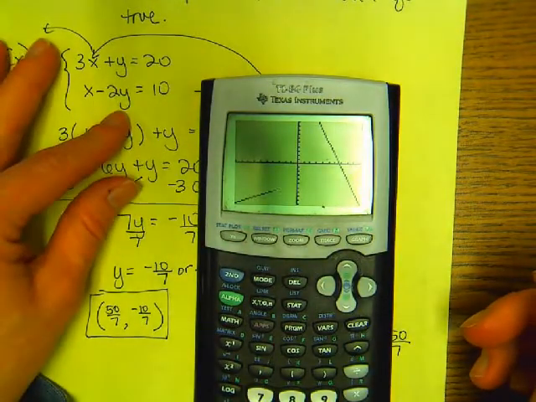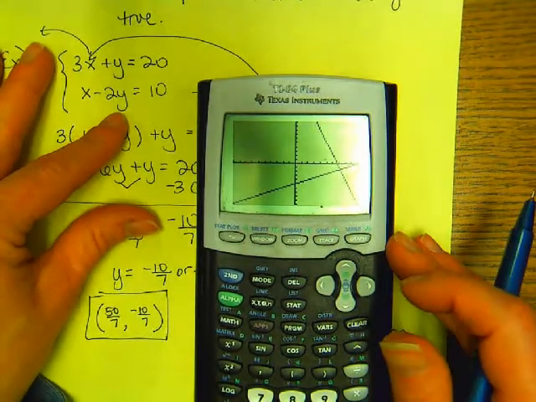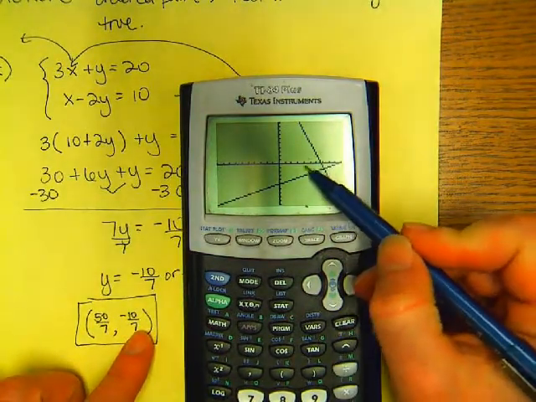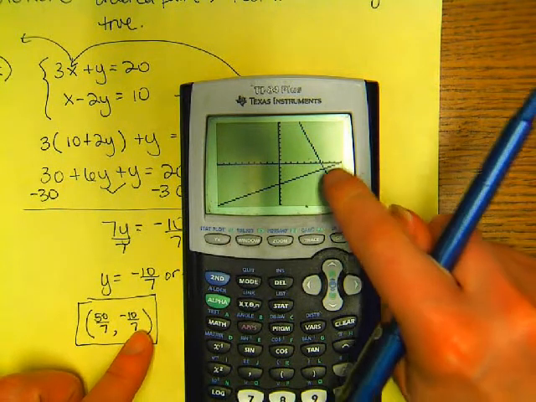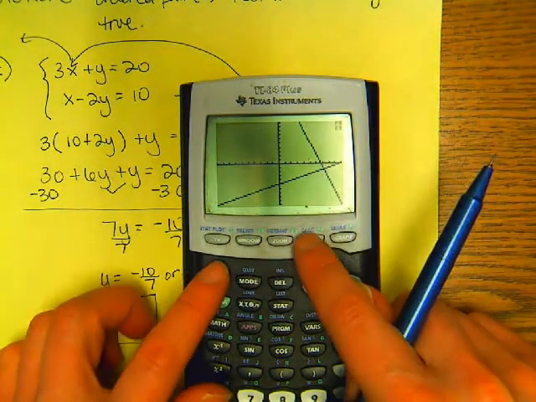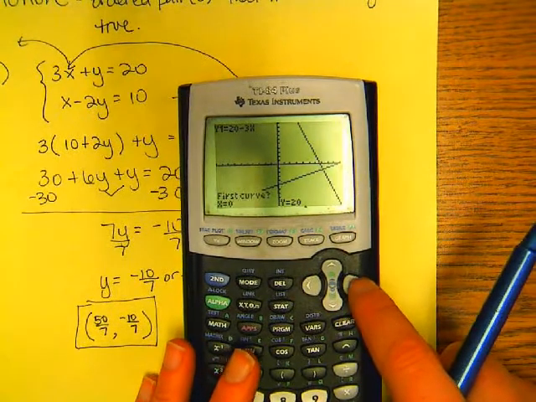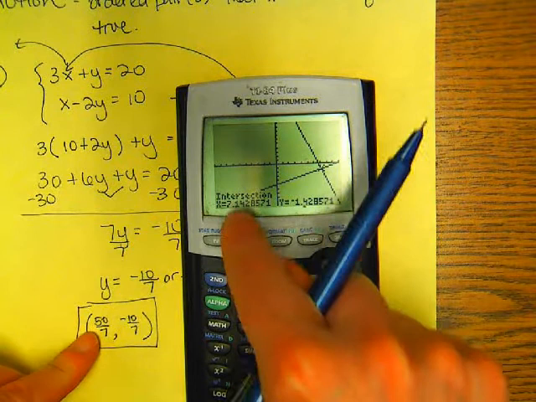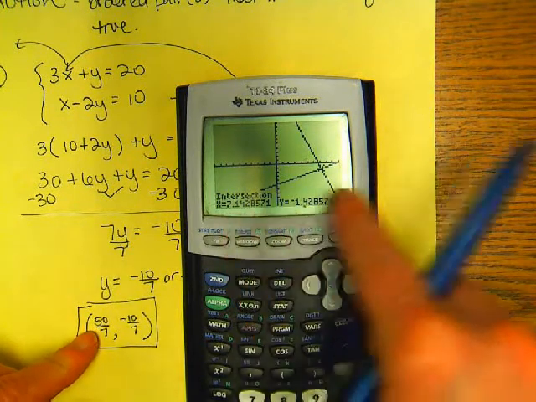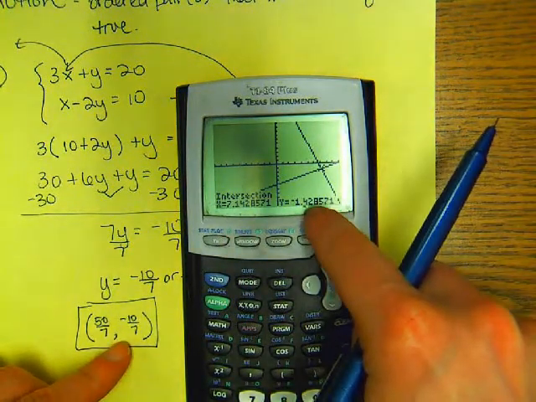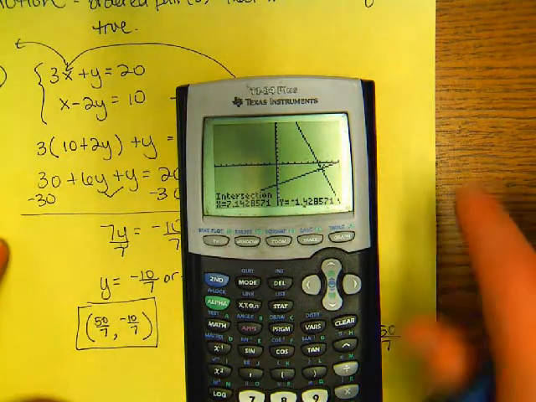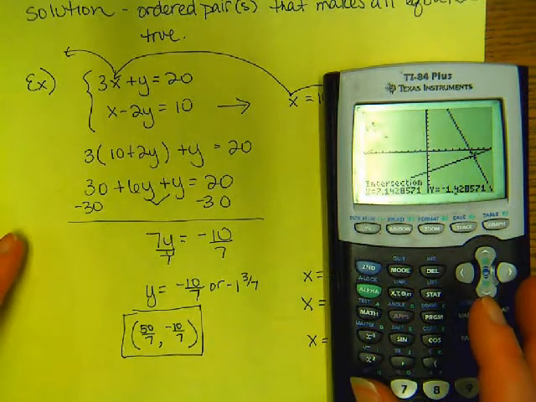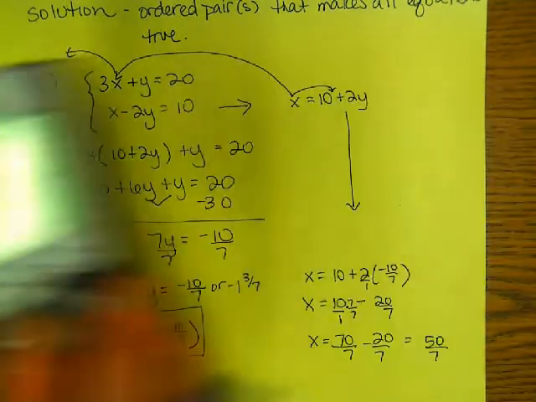So that ordered pair, 50/7 and negative 10/7, is the intersection right over here. Graphically, that's what it looks like. It is on both lines. So if I found the intersection, I see that I get these numbers, but 50 divided by 7 is approximately 7.14, and negative 10 divided by 7 is approximately negative 1.42. So graphically, when you're solving something, we've done that before, the solution is where the curves meet. Okay, this is what we would call linear.